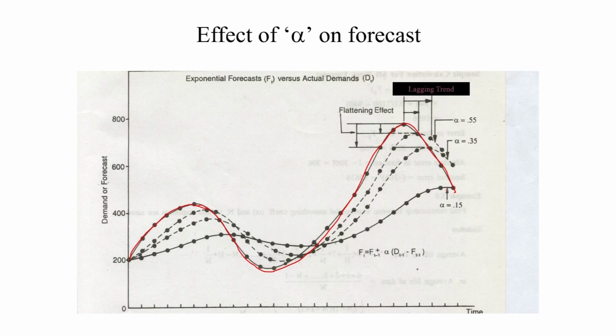If you keep a high value of alpha, that is 0.55, let me draw with the blue color, then you are almost catching the demand. Red color is my actual demand and blue color is with the alpha of 0.55. If I take a lower value of alpha, that is 0.35, let me take green color for this.